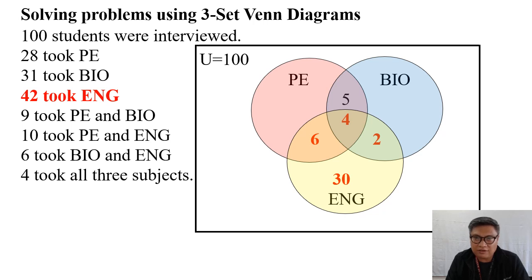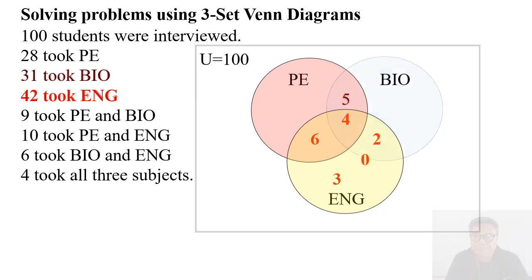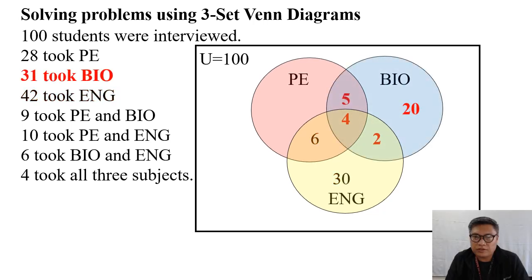Then we go up again for the biology, or bio. For the bio, there is a total of 31, but similar to the English, we have 4, 5, and 2 here. So that is already 11. Out of 31, 31 minus 11 is 20. This is where we put the 20 here.